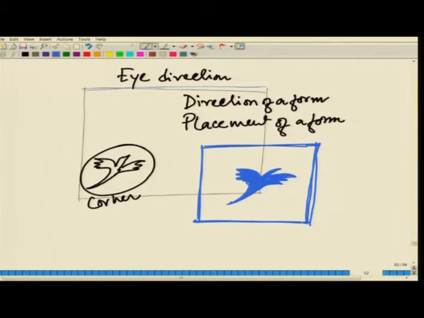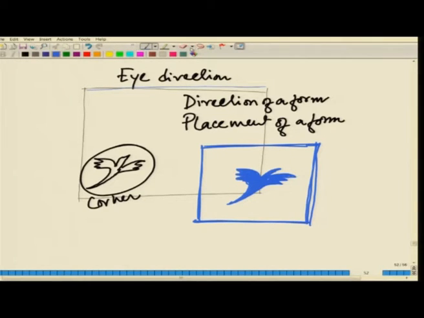Stability of an object in a composition also depends on another factor, that is how much space it occupies. Let us use the same example and try to realize that.